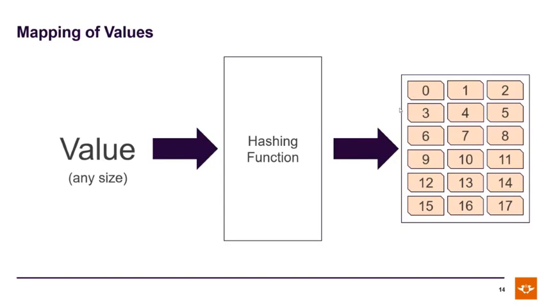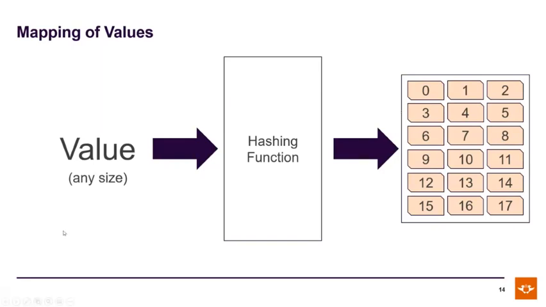So in the case that we have, our output is only as large as the largest prime number closest to our data set, or equal to our data set, but doesn't exceed our data set. It allows us to find a unique location based on the key value being given to the function.